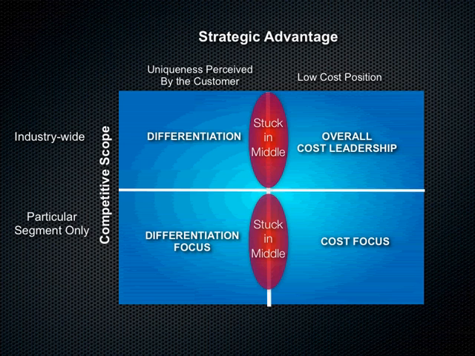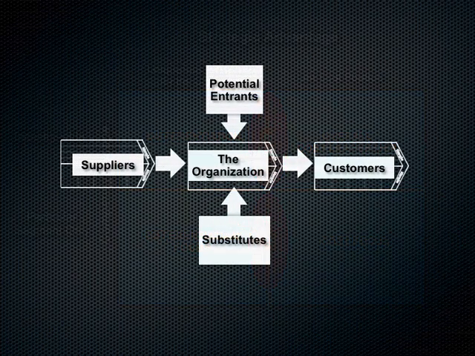Being stuck in the middle is kind of no man's land in terms of strategic advantage. It causes a pretty big problem, and requires sometimes pretty tough decisions by management to move either into the low cost position or differentiation position.